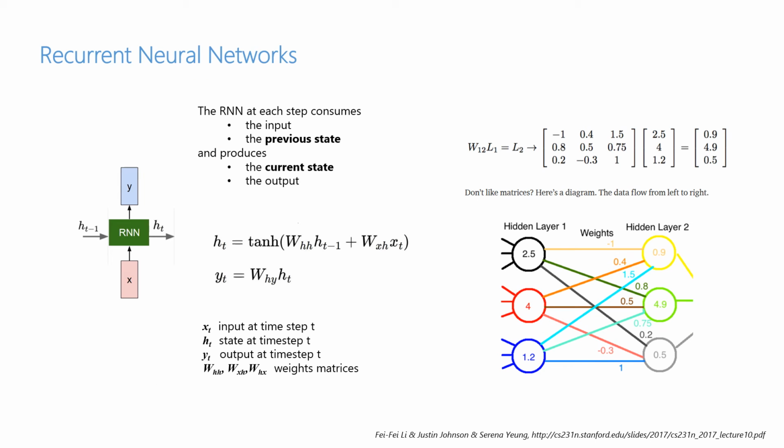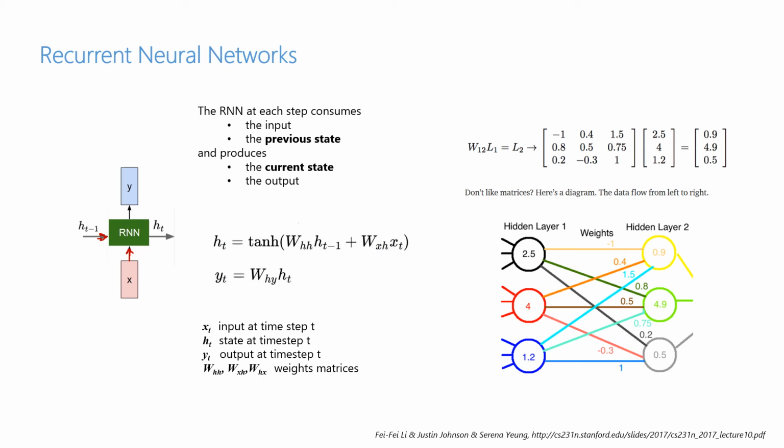If we open the little green box and look inside an RNN, what do we find? How does an RNN work? An RNN, as we have seen before, gets two inputs: one is the input of the network for the current step, and the other is the previous state on the left.